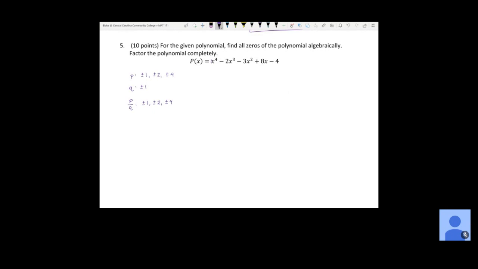Now, once we have that list, what do we want to do next? Okay, good. So we're going to use synthetic division to check, right? But we can look at our graph just to make sure we know which ones look like they might work. Okay, so let's switch over to Desmos real quick.